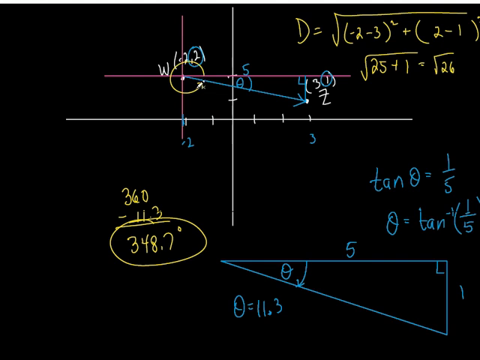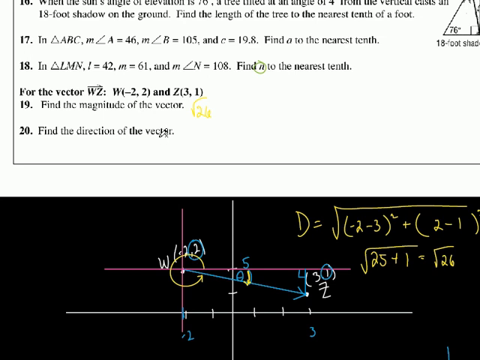We found the angle inside the triangle because it was easy to do our trig function. So all I do is take that little angle away from 360, because if I went all the way around, that would be 360, and I've got 348.7, the direction of the vector.